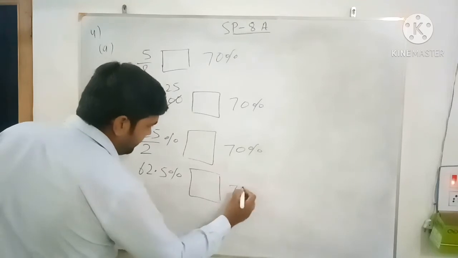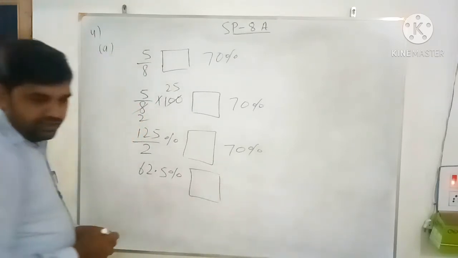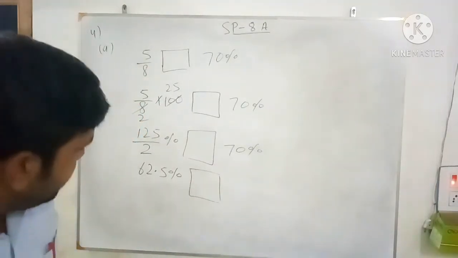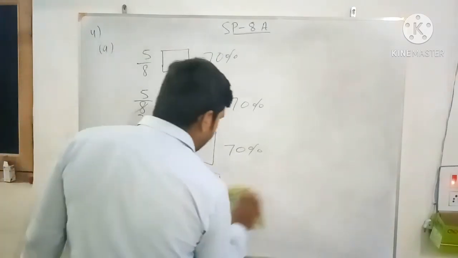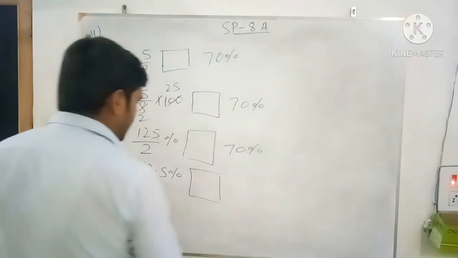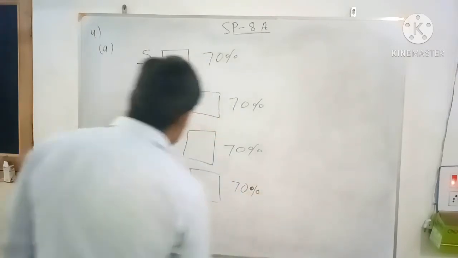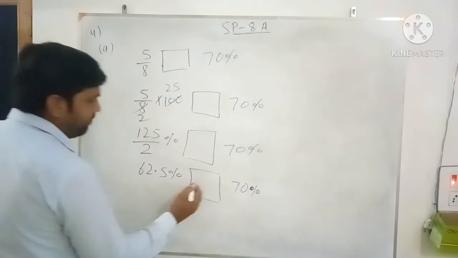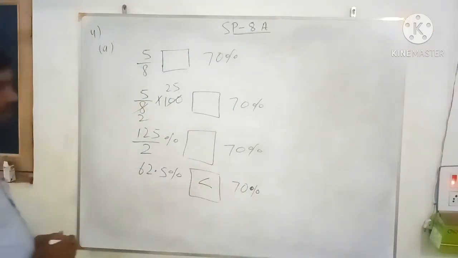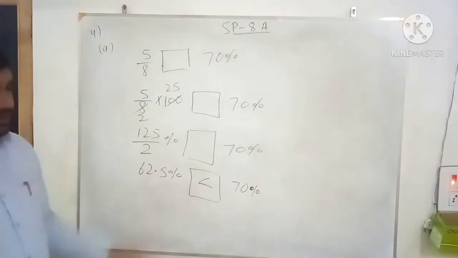Here 70%. Now here you can see this 62.5% is less than 70%, so you can use the less than symbol. What can we use? Less than symbol.